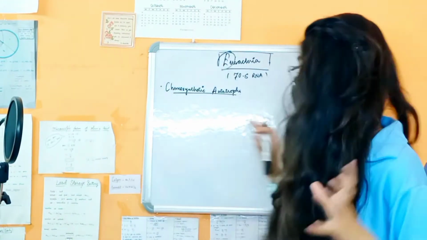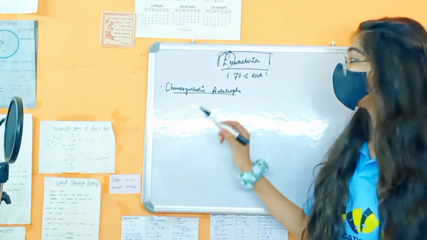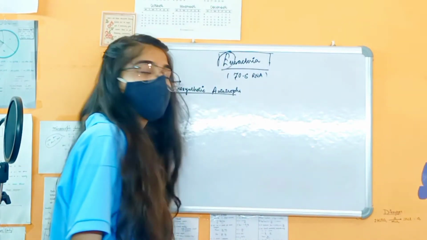Okay, the next one is chemosynthetic autotrophs. That is the production of food through chemicals, synthesis of food through chemicals.